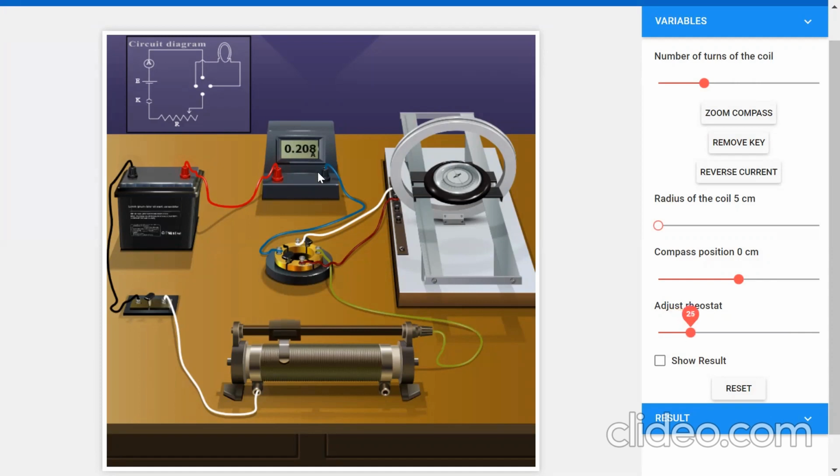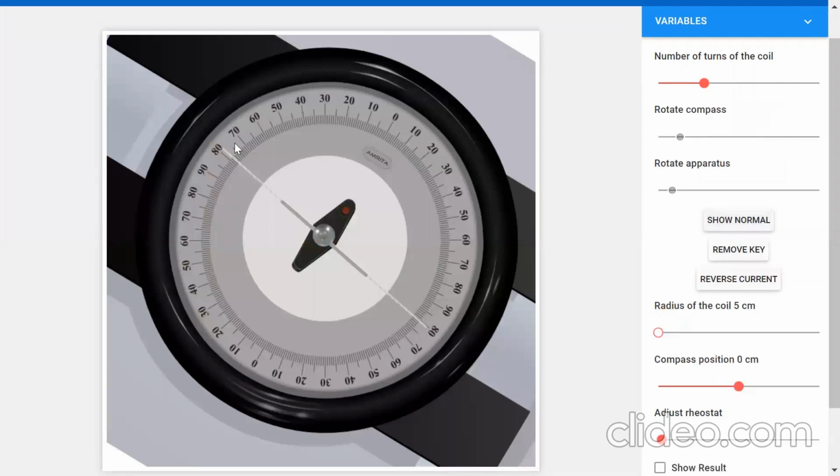So take different values of current and note down the deflection of the needle.